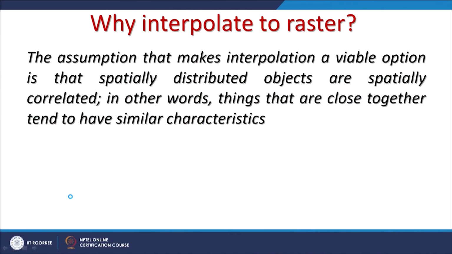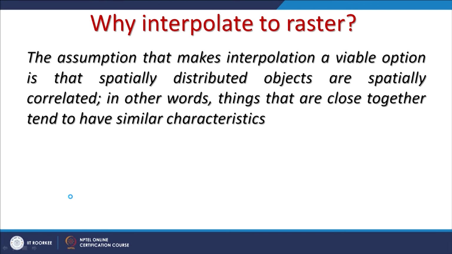As you know, interpolation assumes something, because it is based on that belief which I have mentioned. The assumption that makes interpolation a viable option is that spatially distributed objects are spatially correlated or autocorrelated.